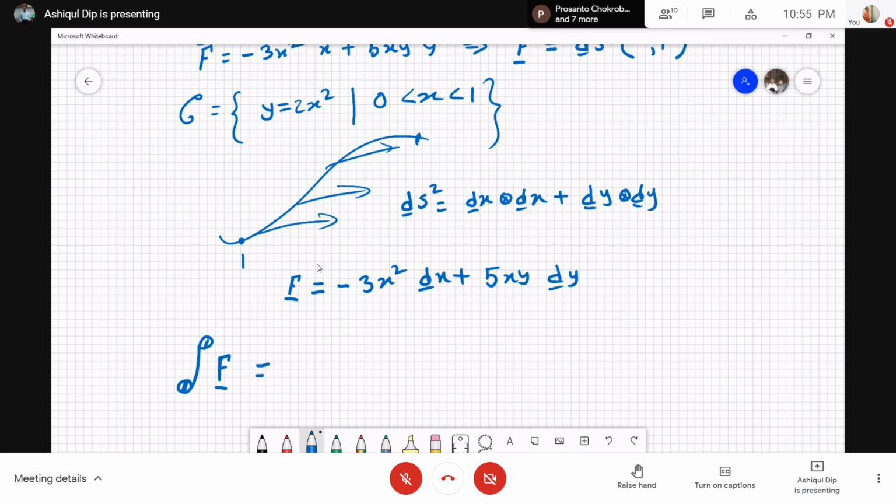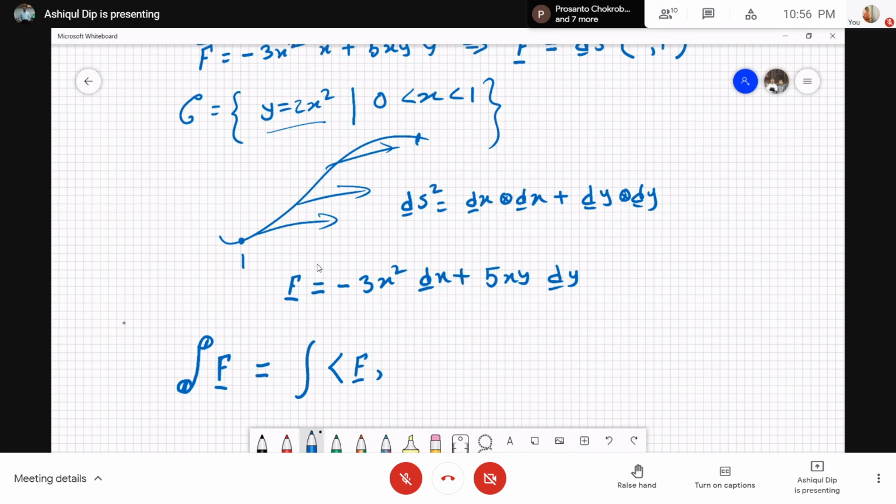So the integration of F would be, by definition, the piercing of F with vectors. How many parameterizations do you need for one curve? Just one. What's the convenient parameterization for this curve? The curve is y equals 2x squared, so it's already given.